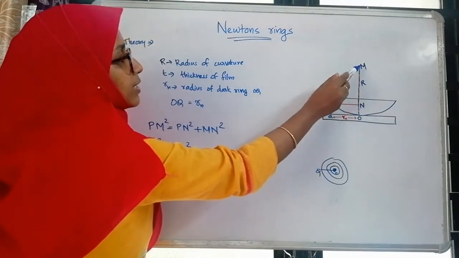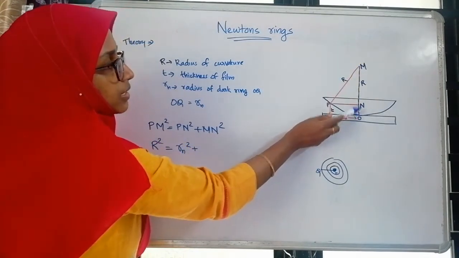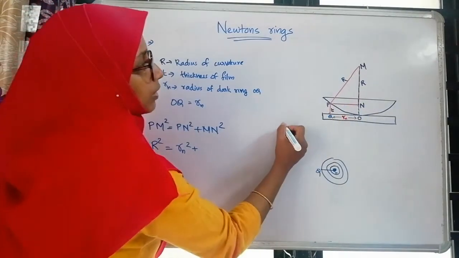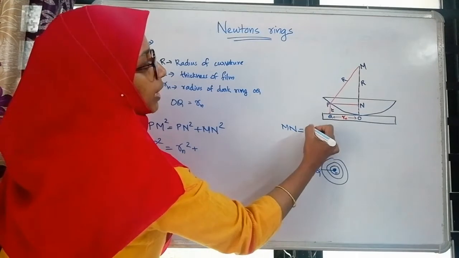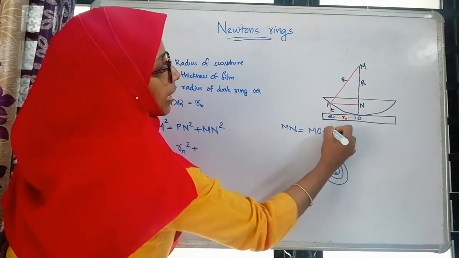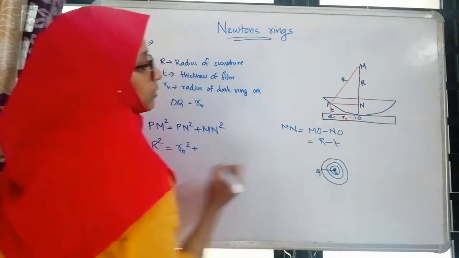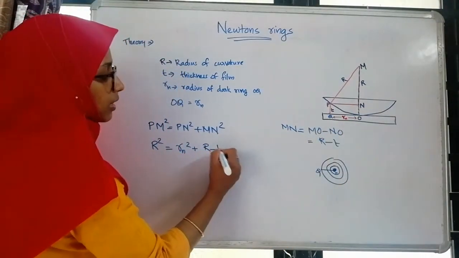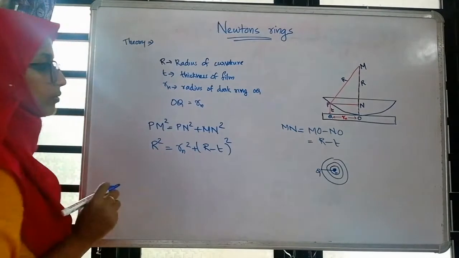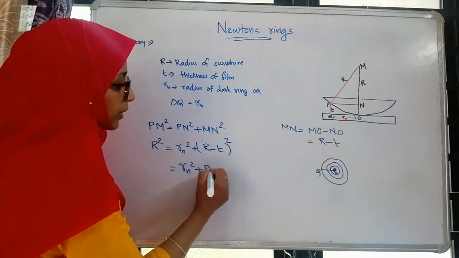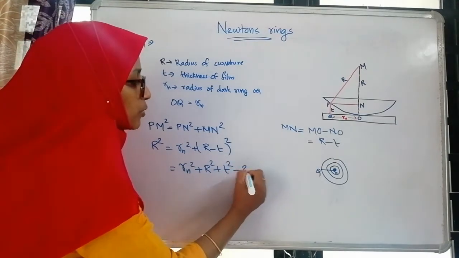We have the radius of curvature R from here, that is M to O. Then MN will be equal to MO minus NO, that is equal to R minus T. So R minus T whole square. So this is equal to Rn square plus R square plus T square minus 2RT.